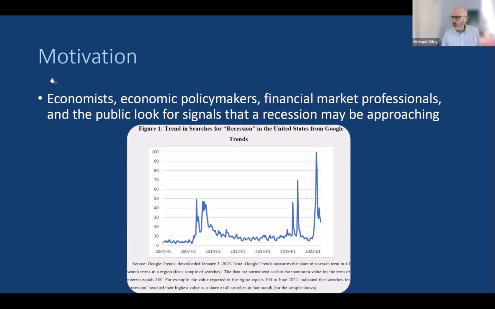Indeed, a small part of what I wanted to do today is use that general thought that the business cycle is a cycle with ups and downs to think about how to categorize possible signals of recession. So that's the extent to which my empirical analysis will be tied to the business cycle literature.